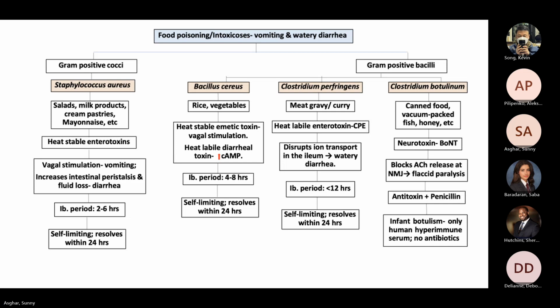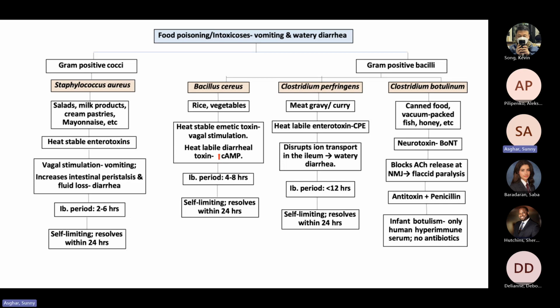So for our gram-positive Staphylococcus, this bacteria is one of the most common bacteria that we find, a normal part of the human flora, and it can commonly be found in salads, milk products, creams, and so forth.